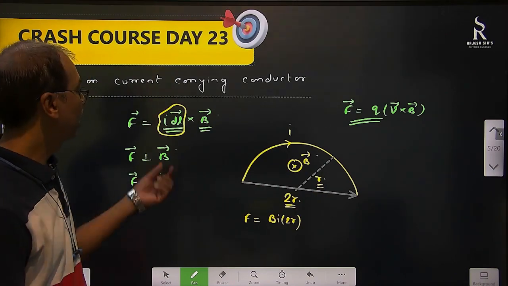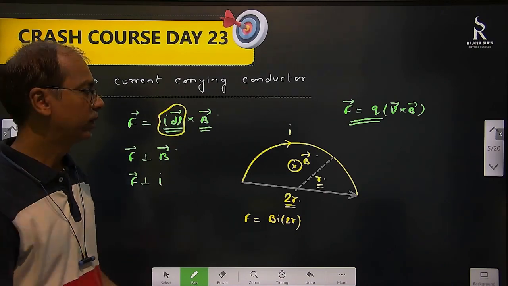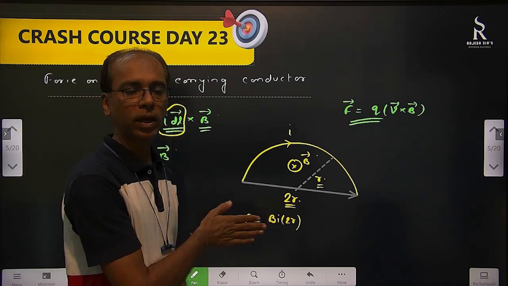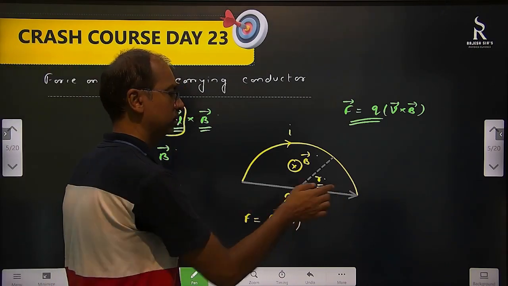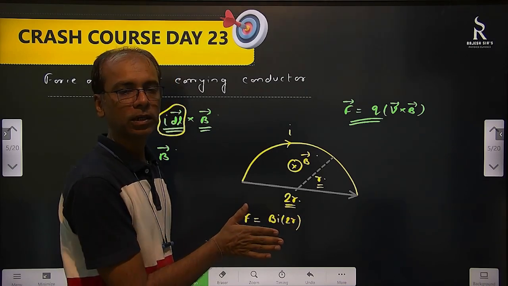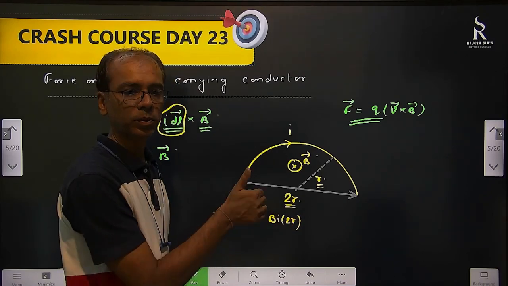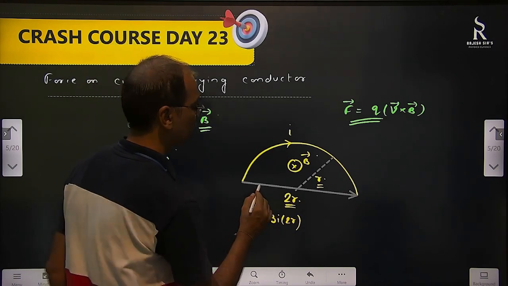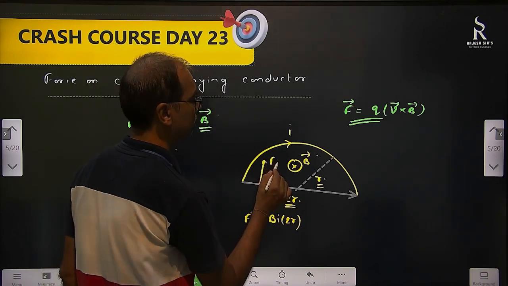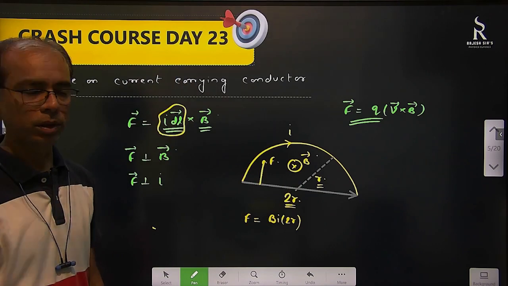It is I dl cross B. So first arrange your hand in the direction of I dl. Curl your fingers in the direction of B. So where is the thumb? Upwards. So the force is upwards. This is the force.